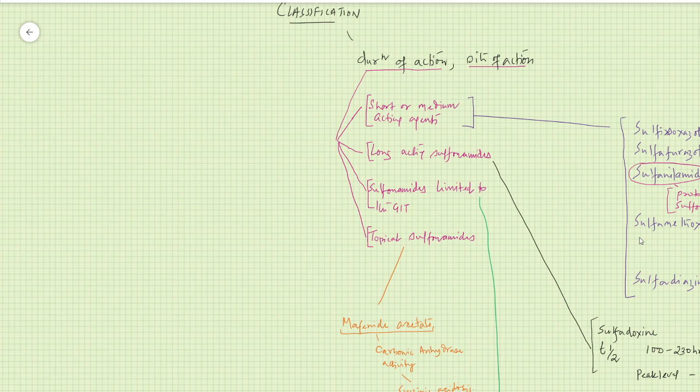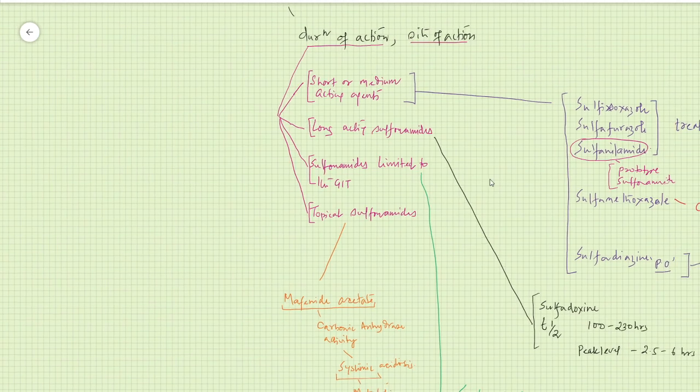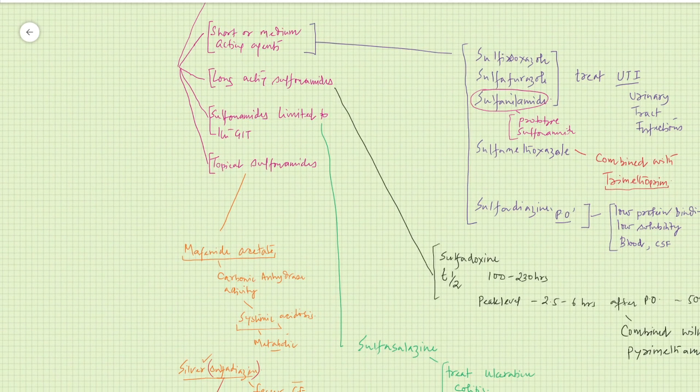Then there is the drug sulfamethoxazole, which is important because it's combined with trimethoprim. It's also used for UTI. Sulfadiazine is administered orally, has excellent activity against pathogens in the blood, and easily crosses the blood-brain barrier to reach the cerebrospinal fluid.